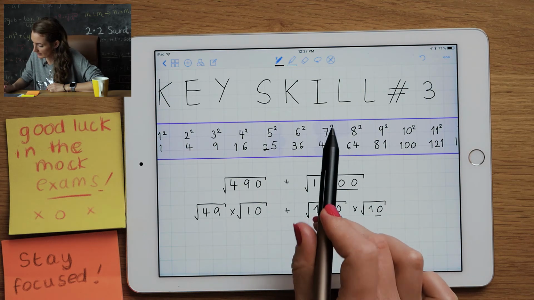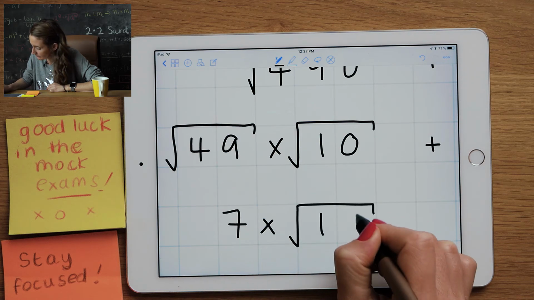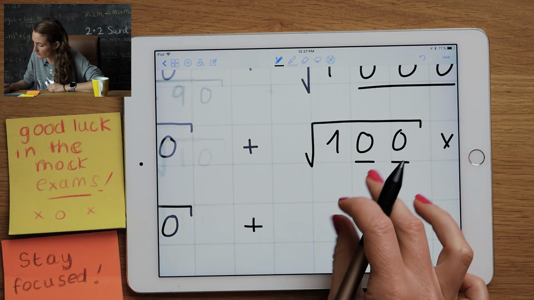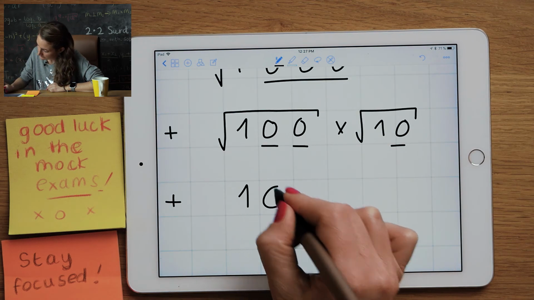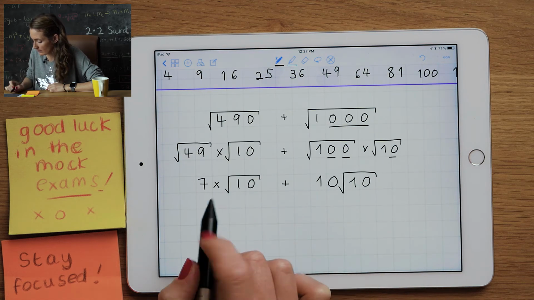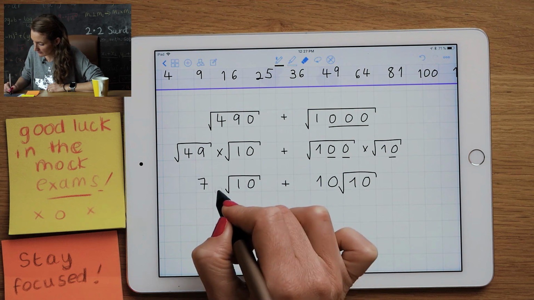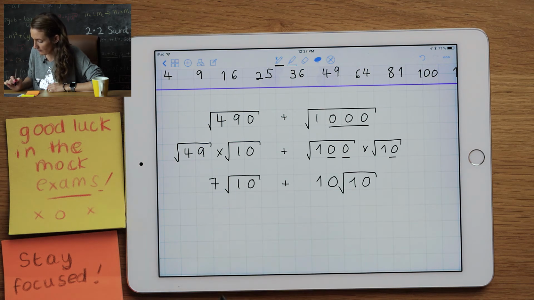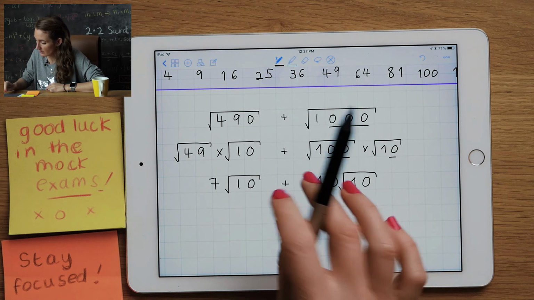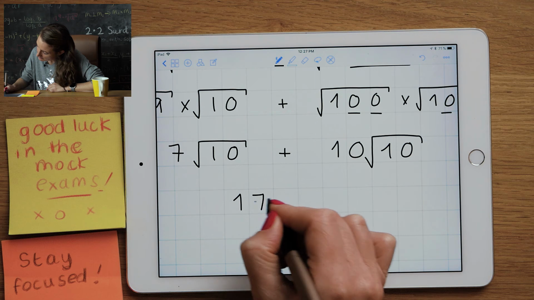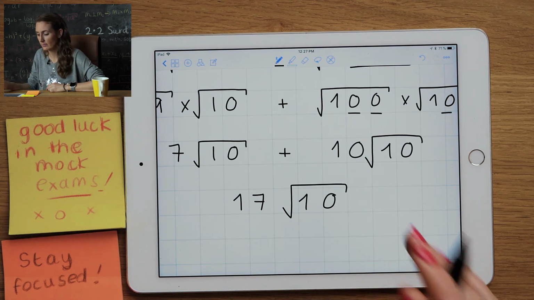The square root of 49 is 7, so that will be 7 times square root 10. And the square root of 100 is going to be 10. So 7 times by square root 10 is just the same as 7 root 10. If I add these two together, I've got 7 plus 10, that's going to be 17 square root 10. And that's my final answer.